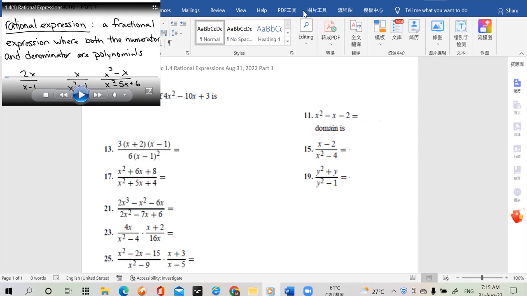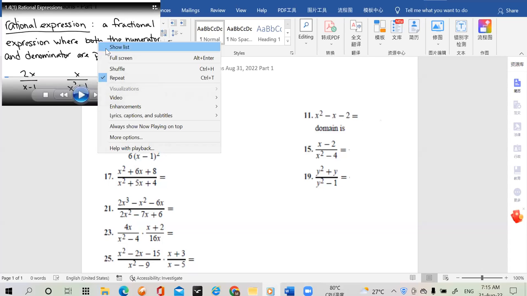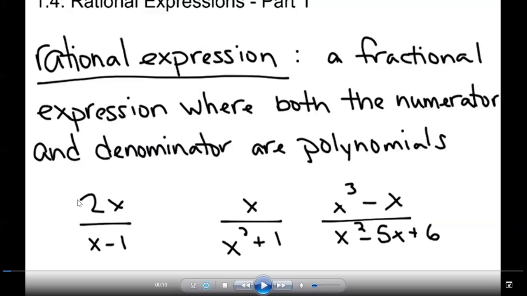So that's a criteria that you have to have for rational expressions. If you look at these, all of these have polynomials in both the top and the bottom, and they meet that criteria for being a rational expression.